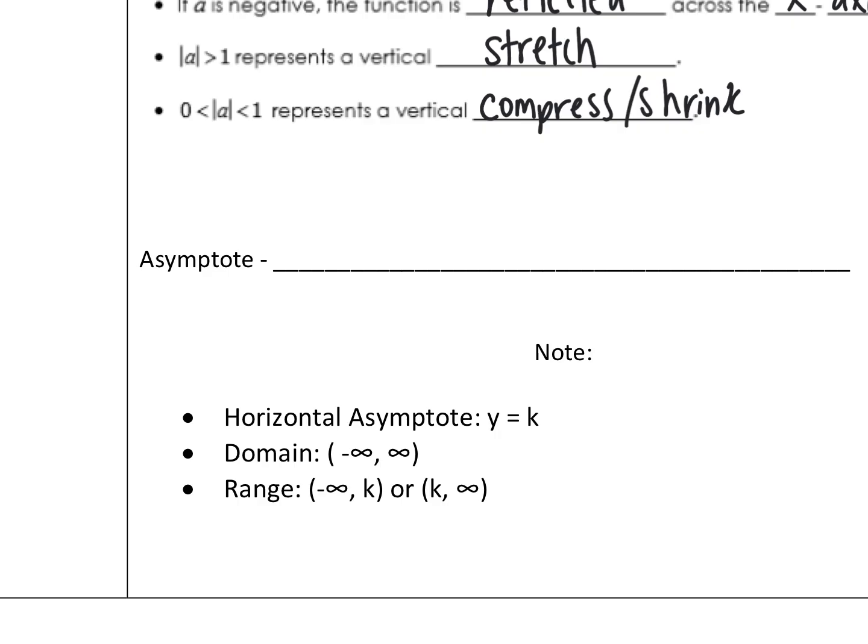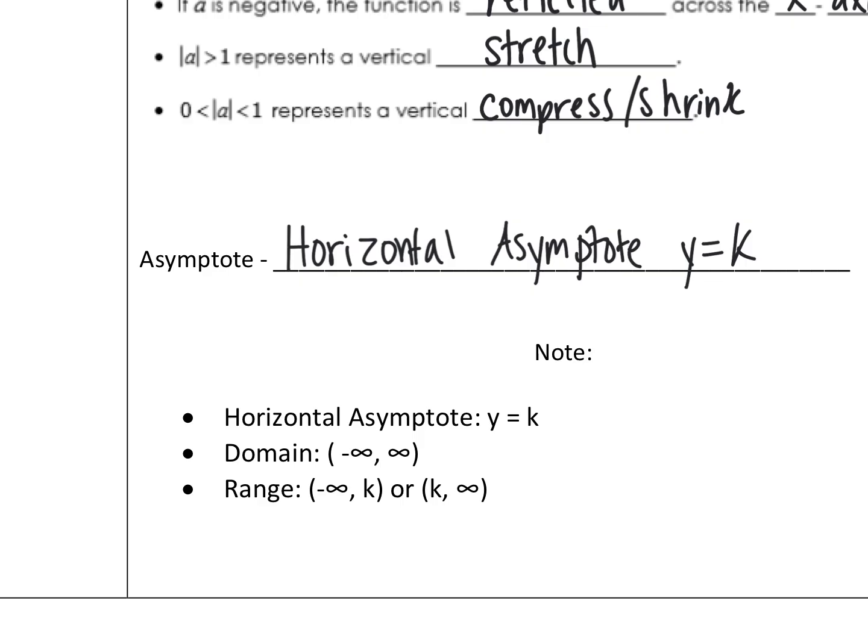When we are talking about exponentials, all of these have a horizontal asymptote, and it's always going to be at the equation y equals k. Once again, those asymptotes are just invisible walls that the graph is going to get really darn close to, but it's never going to touch them or cross them.